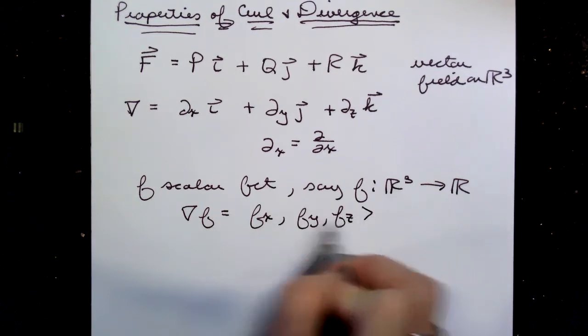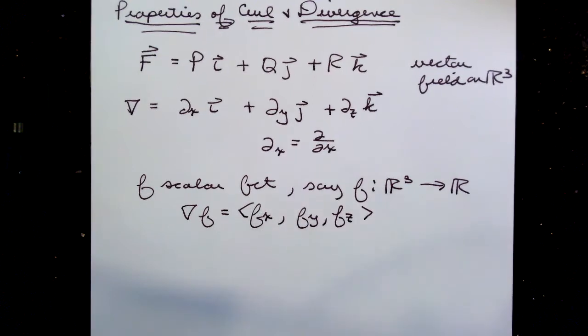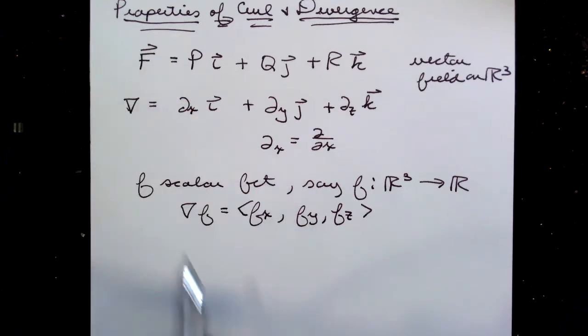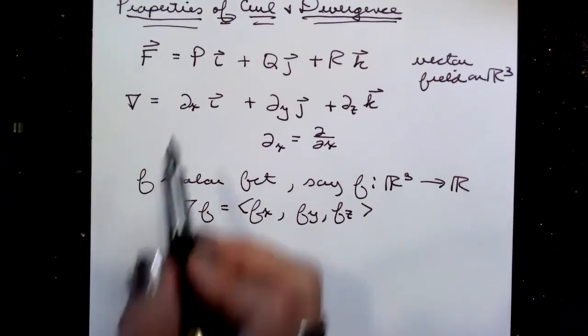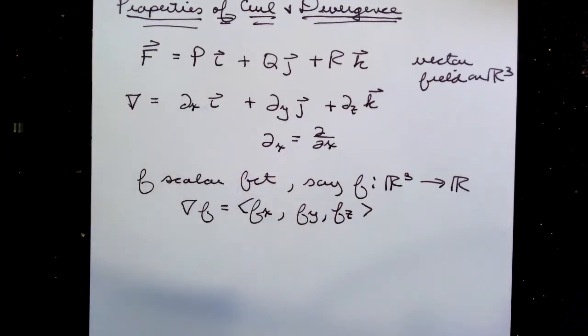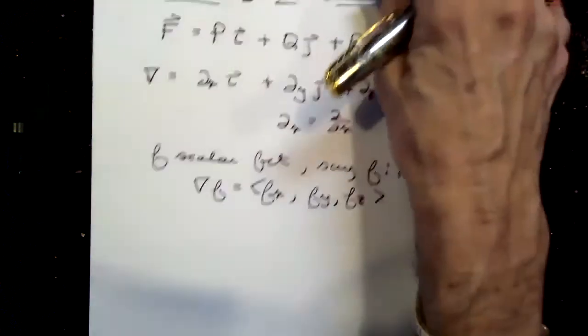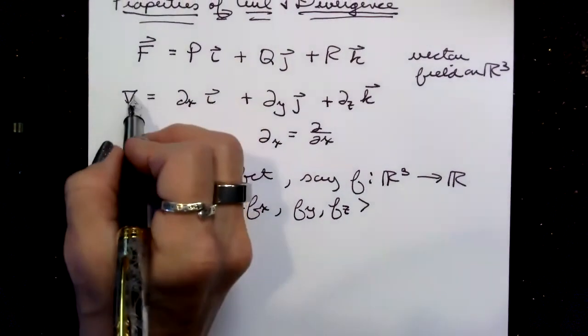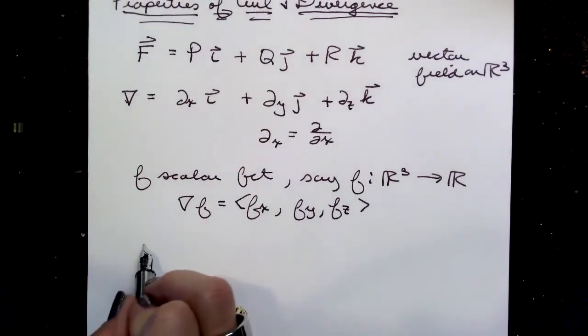We know that from earlier in the class. But now when we take a vector field and we want to do different operations with the gradient, since this is also a vector, we can't just say the gradient of capital F. It doesn't have a meaning. So you learned in the earlier videos in the module how to define some important quantities.